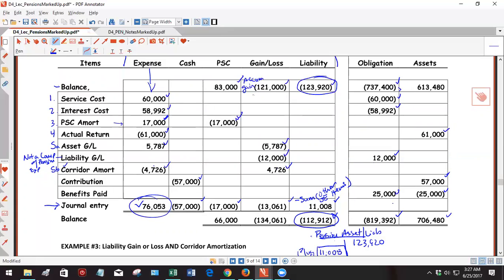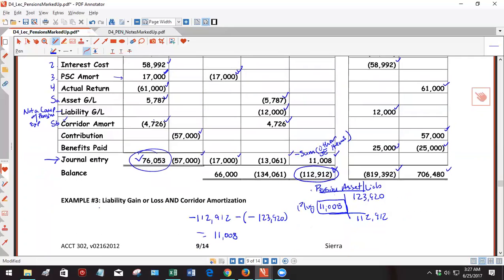The most common mistake is to forget to put an offsetting credit or debit. The next common mistake, so let me just from experience tell you, error checking.